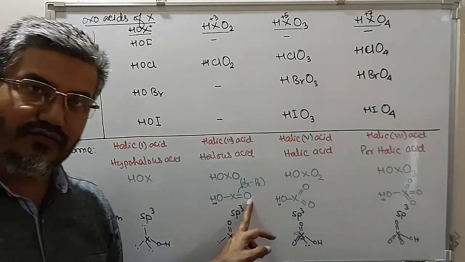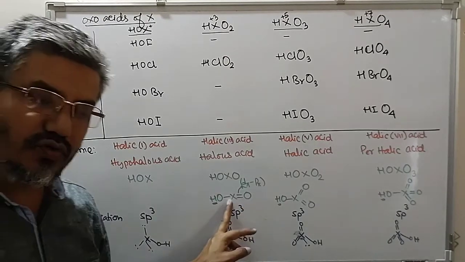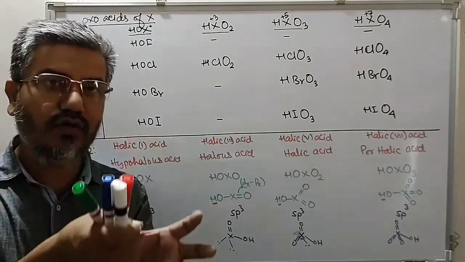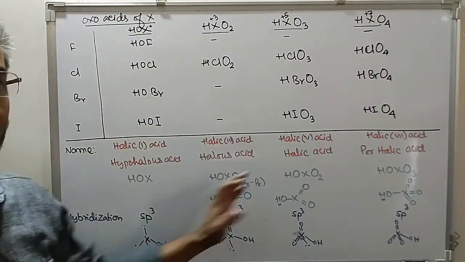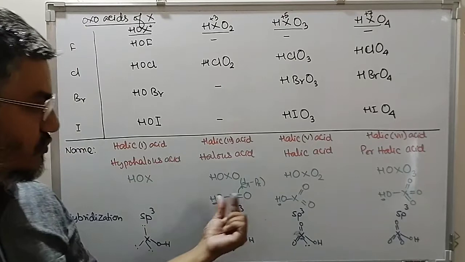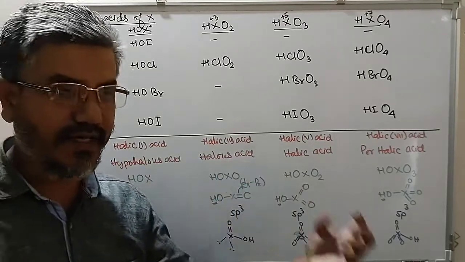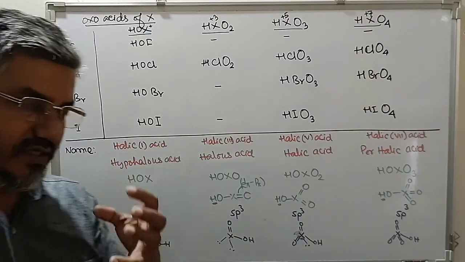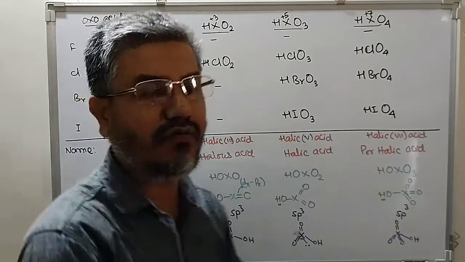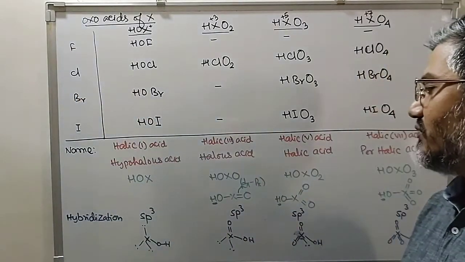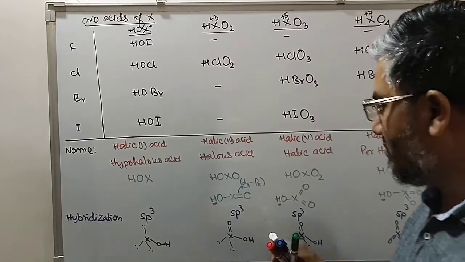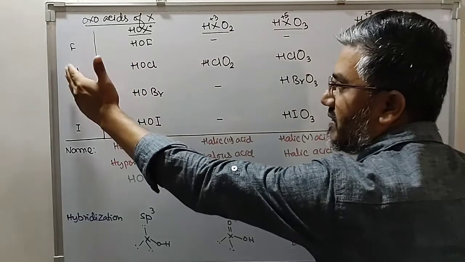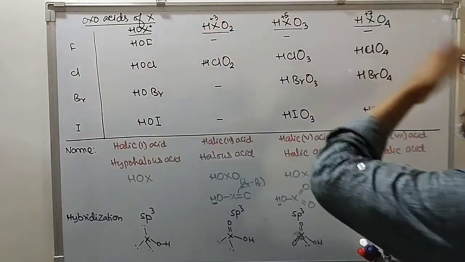Oxygen has electrons in a filled p orbital. Halogen has a vacant d orbital. So there is a transfer of electron density from the filled p orbital of oxygen to the vacant d orbital of halogen. As a result, this oxoanion is stabilized by p pi d pi or d pi p pi type back bonding. As a result, these higher members chlorine, bromine, iodine form these oxoacids with three oxygens.